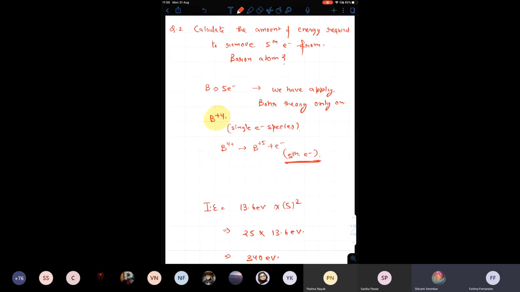I have said that the question is for the fifth electron, right? Now, we do not have to worry about that. Why? Because we can apply Bohr theory only on the fifth electron, because Bohr theory is applicable on this species only.